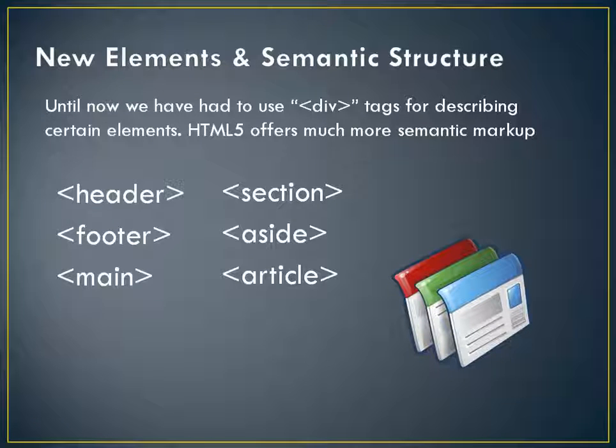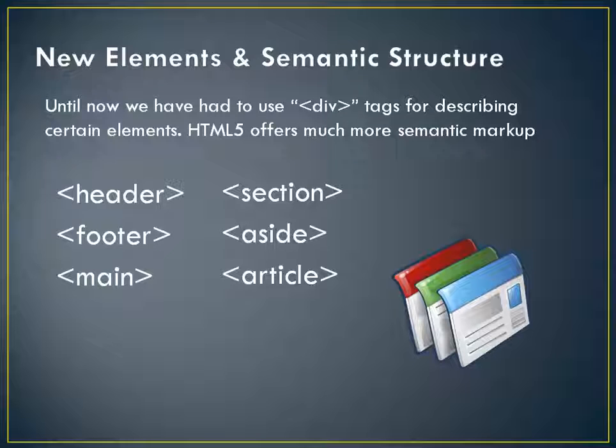We have the header, which is pretty obvious. That would be probably at the top of your website with your logo or your heading, things like that. Footer is obviously a footer at the bottom where your copyright goes, where you may have a secondary menu. Main can be used for a lot of different things. I use it as kind of a container for all my content.